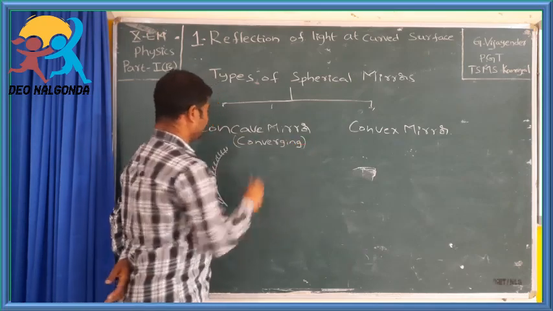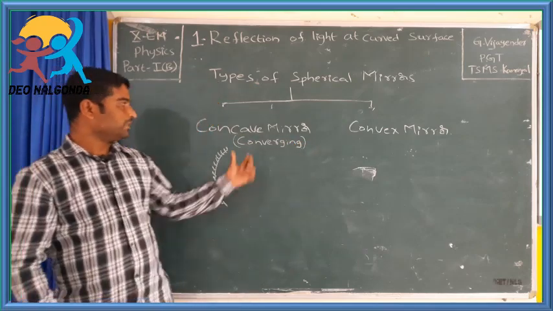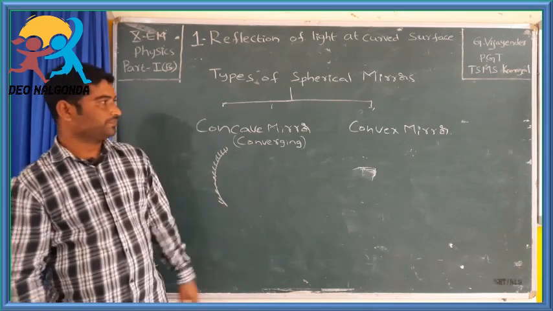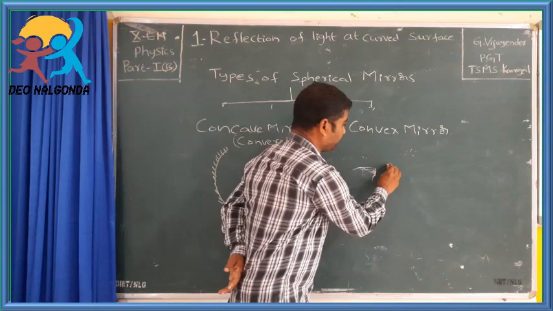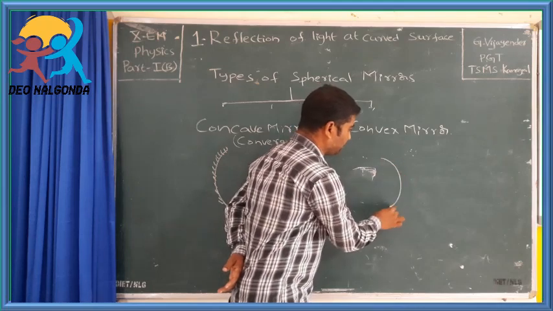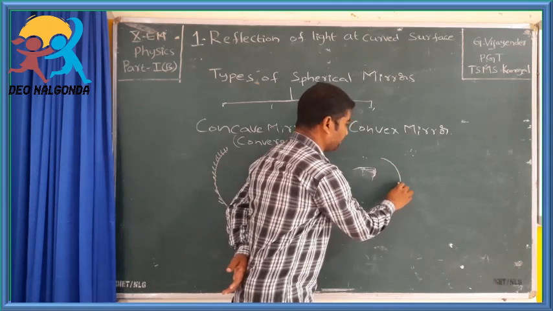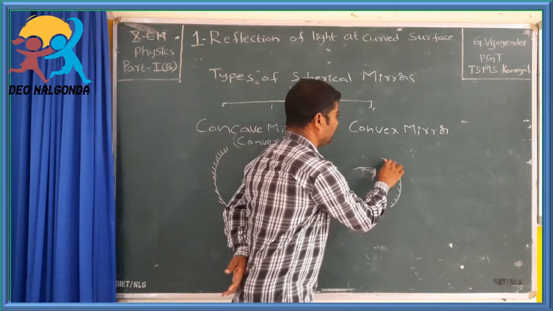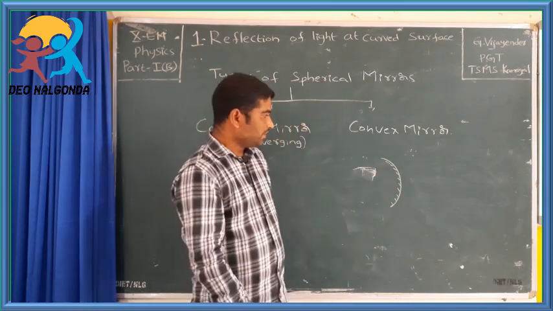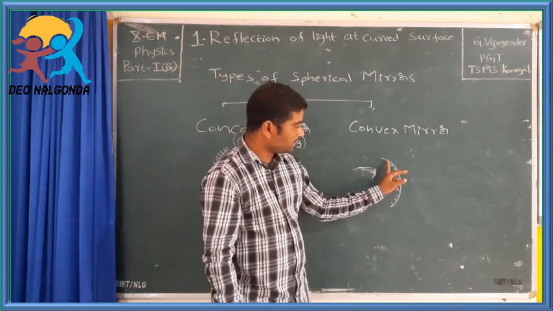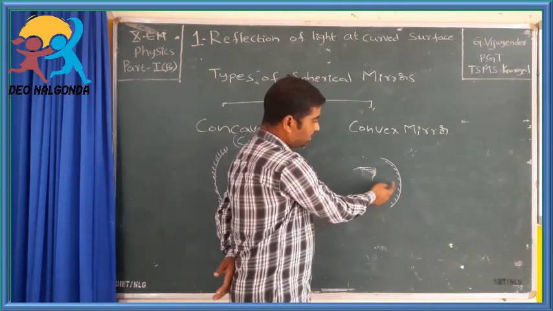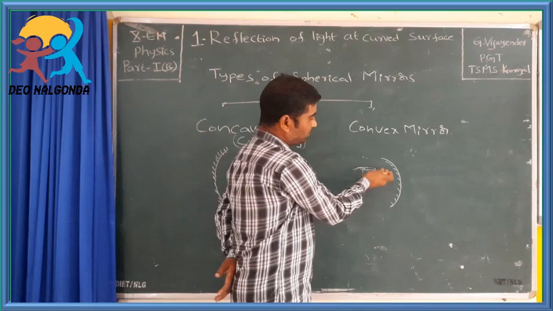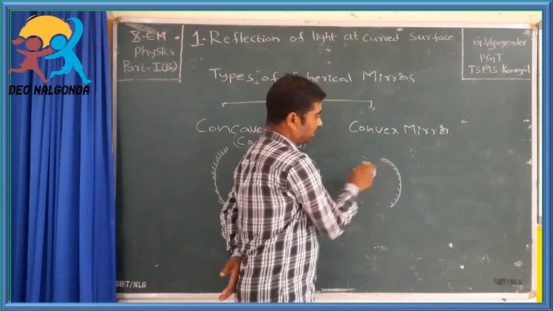Now the convex mirror. If the reflecting surface of a spherical mirror is outward, the mirror is called a convex mirror. Here the reflecting surface is outward, and the non-reflecting surface is coated, which is shown by the lines.